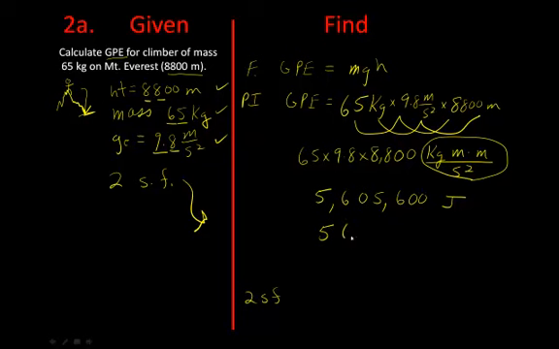Rounding goes to 5,600,000 joules. And again, so many zeros. So let's make sure that we understand that this is 5.6, 2 significant digits, times 10 to the 6th joules as a final answer.